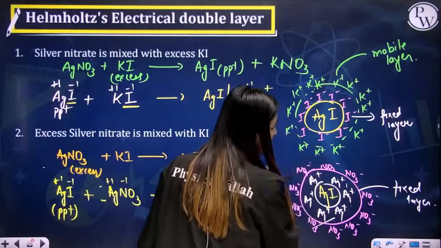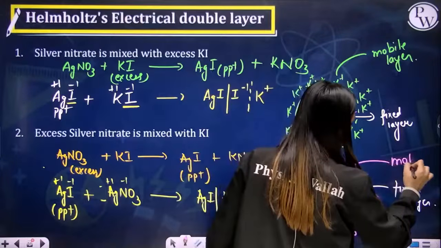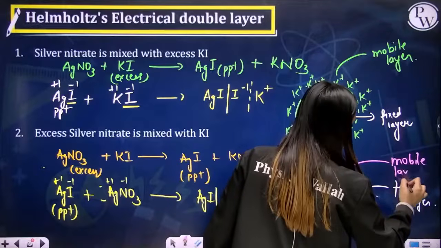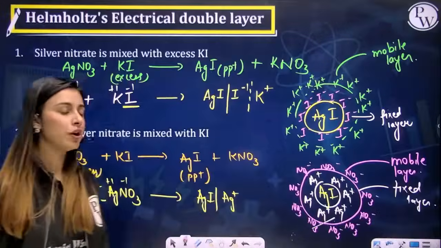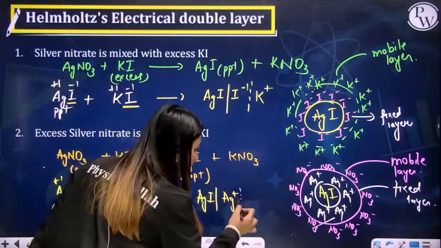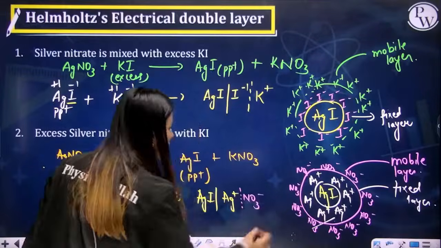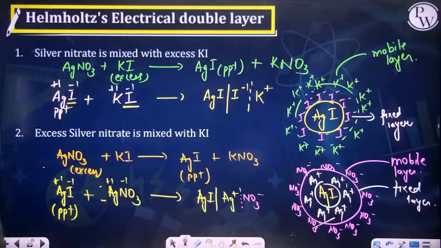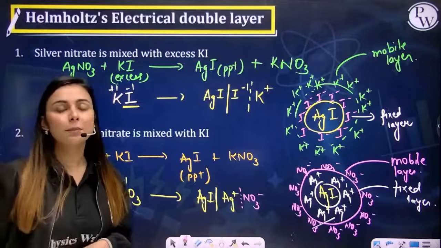This is your mobile layer. So this is how your colloid is formed. Here you will write NO3 negative. So this is how the peptization process takes place using a peptizing agent.